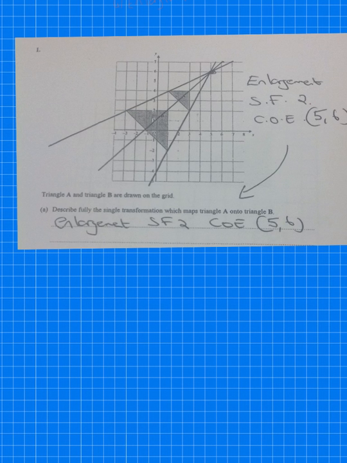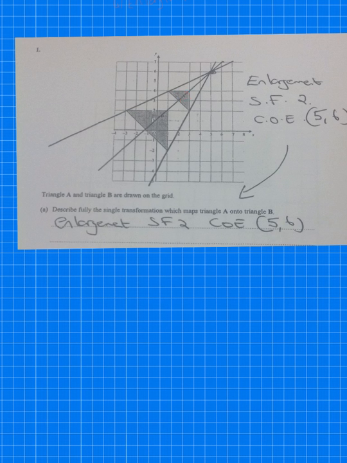The hard part is to find the centre of enlargement. And the centre of enlargement is where the points meet. And for this, we must get a ruler and we must join each point. So that point joins that point there. You draw a line through there, up and down. You draw from this point here in the middle. This point here is joined here.